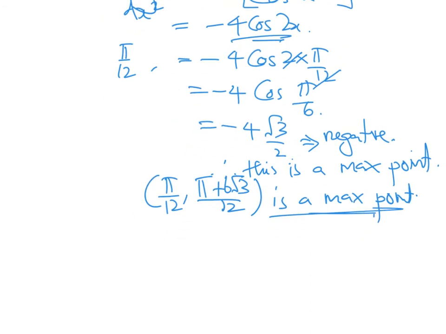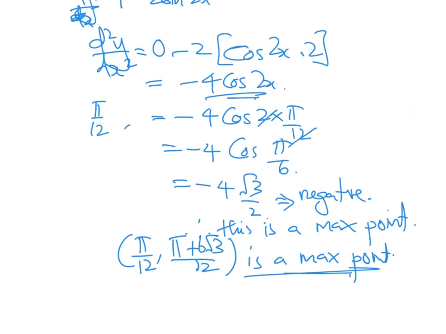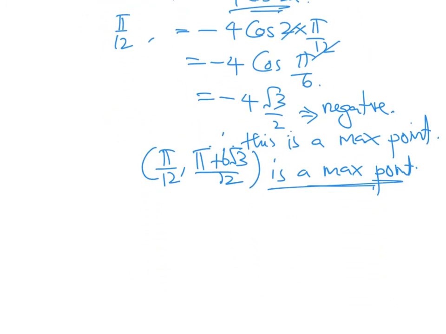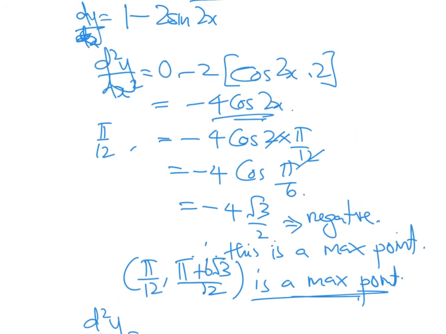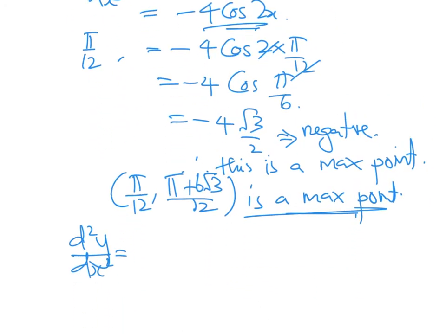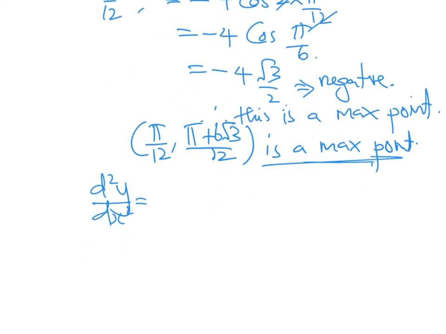Okay, now let's do the next one. The next coordinate that I have, d2y over dx squared equals negative 4 cos 2x.